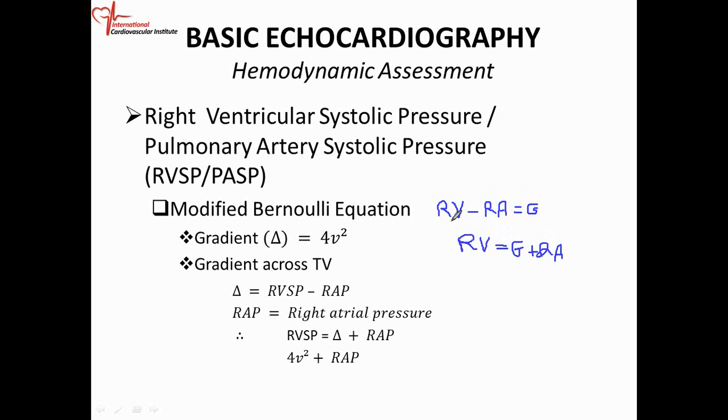So if you can calculate this RV systolic pressure, you automatically know your PA systolic pressure, and you will know if there's an obstruction at the right ventricular outflow tract.